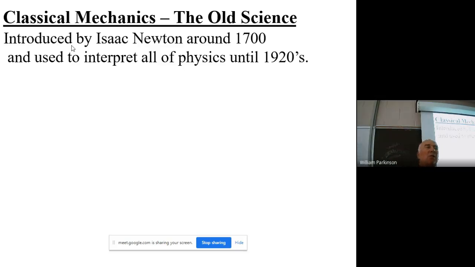And it was a long, involved process that people argued vehemently about, and ideas were tossed around and suggestions were made, many of them wrong, many of them partially correct, many of them had to be modified, but ultimately they settled on Rutherford's planetary model.